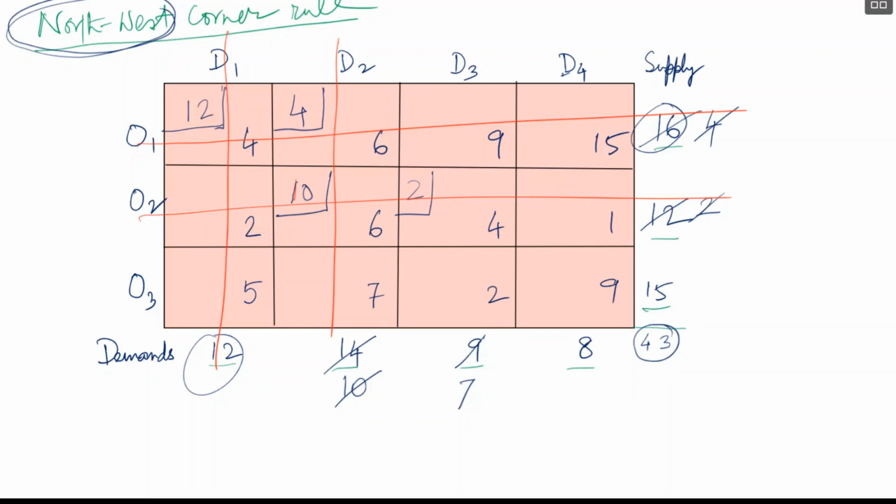And finally we have only one origin O3 and 2 destinations D3, D4 remaining with supply of 15 units and demands of 7 and 8 units respectively. So we don't have to decide anything anymore, we can simply assign 7 units at the cell 3-3 and 8 units at the cell 3-4.